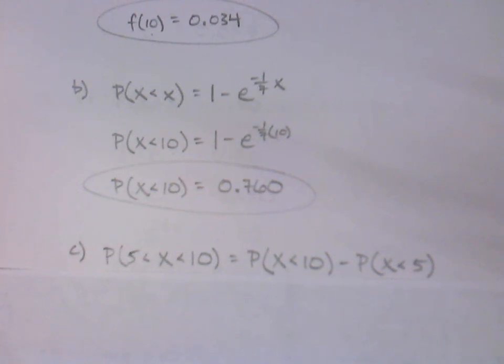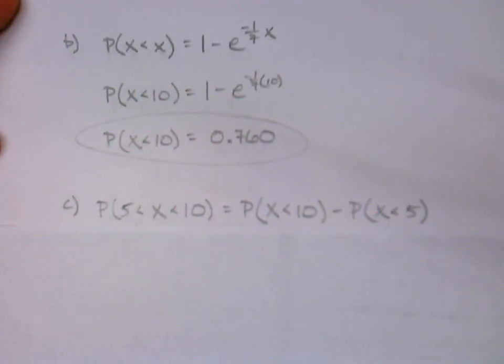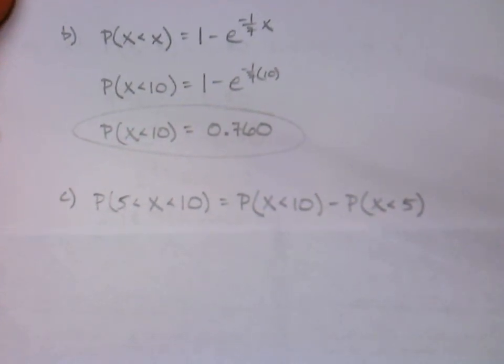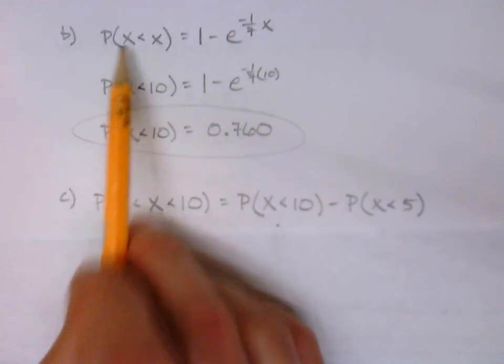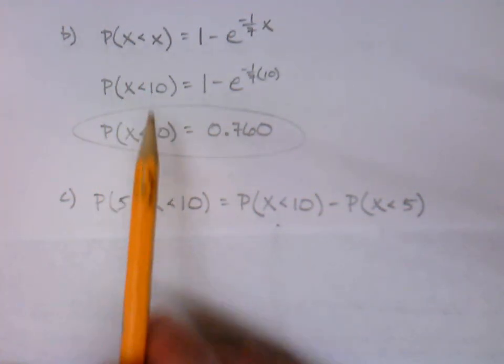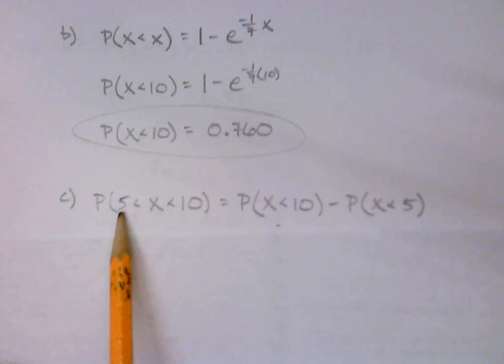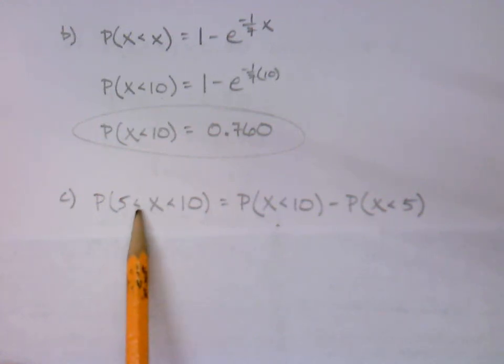Okay, so here's how we're going to set it up, and I'm kind of giving it away. If this was class, this would be revealed a little bit slower, but that's the way it is. Instead of saying x is just less than 10, now we need to say x is between 5 and 10. So 5 less than x less than 10, the probability.